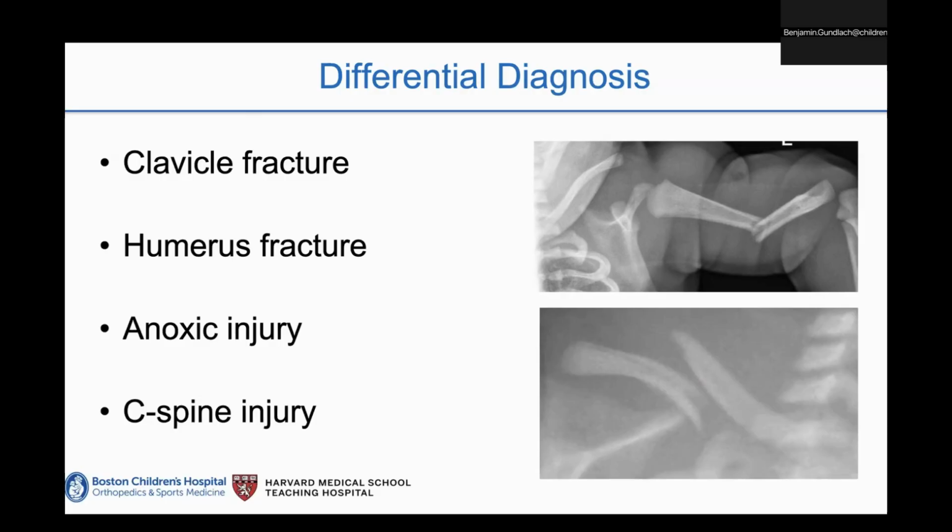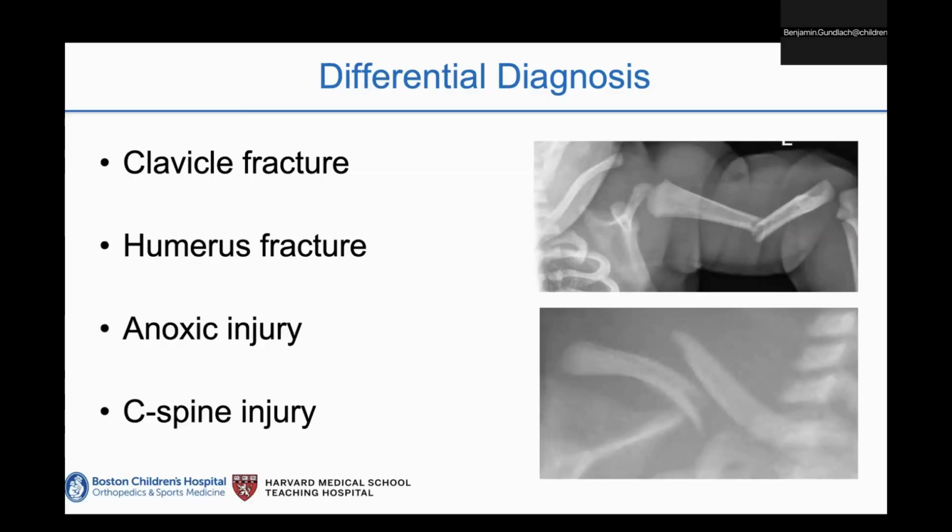Importantly, though, these fractures in the young infant heal remarkably quickly. And so the expectation, if this is the source of the decreased movement, quote unquote pseudoparalysis, is that once enough callus forms and the fracture stabilizes, we would expect to see a dramatic increase in movement.